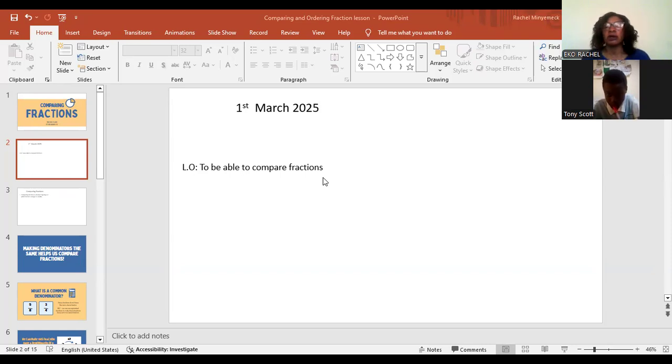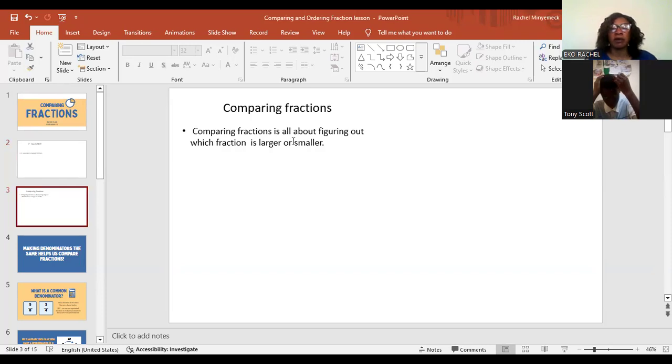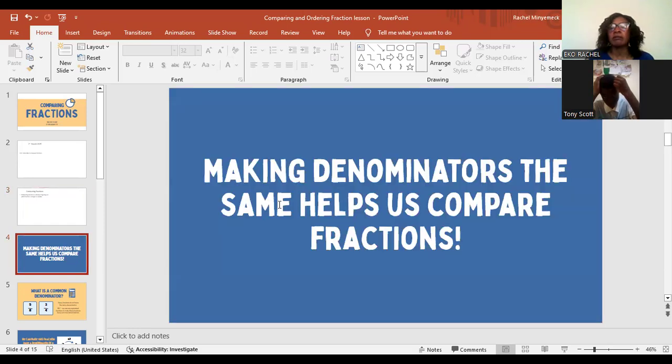From the video, you learned that comparing fractions is all about figuring out which fraction is larger or smaller. Making the denominator the same helps us compare fractions. That's what we learned from the video, that you have to make the same denominator to compare fractions.